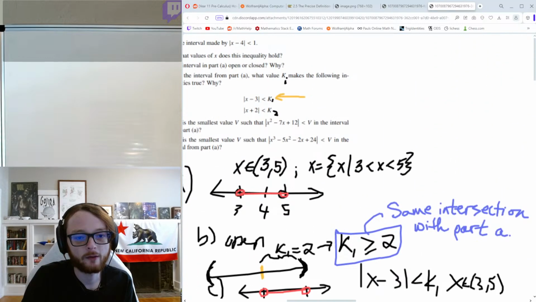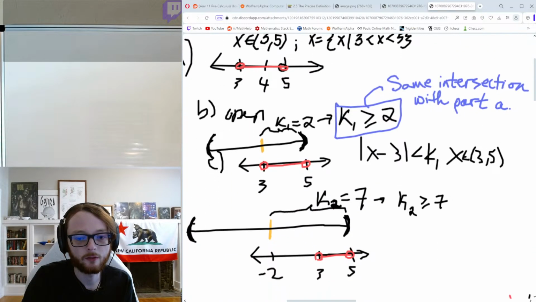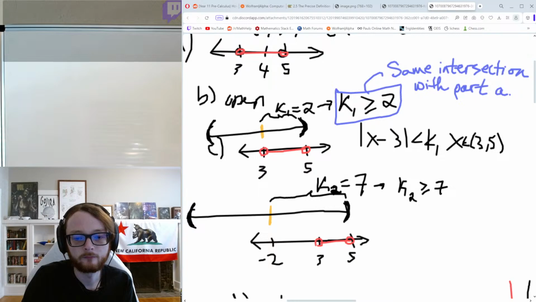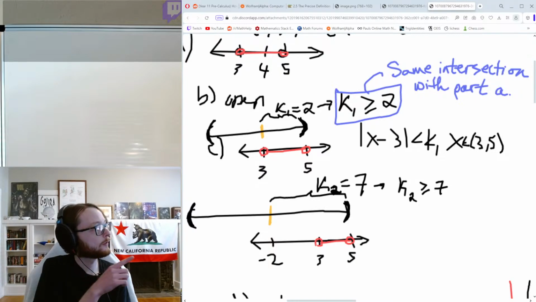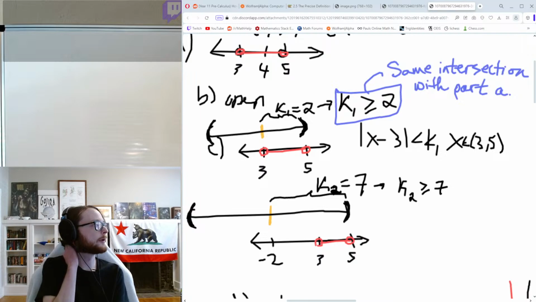And the second part was x plus 2 is less than k2. I just want the center to reach all the way over to the endpoint. That's right. And so in my number line interpretation, that's why we would get 5.